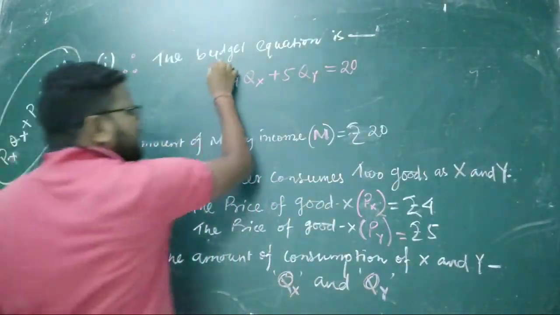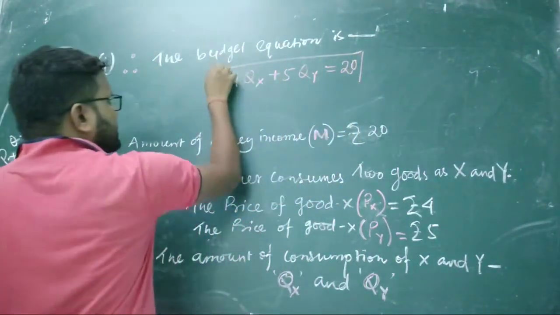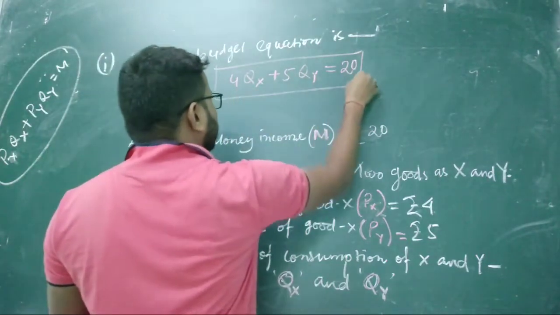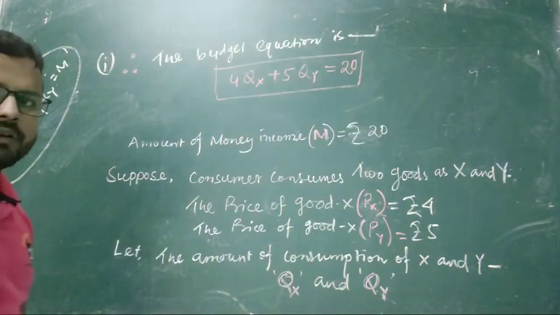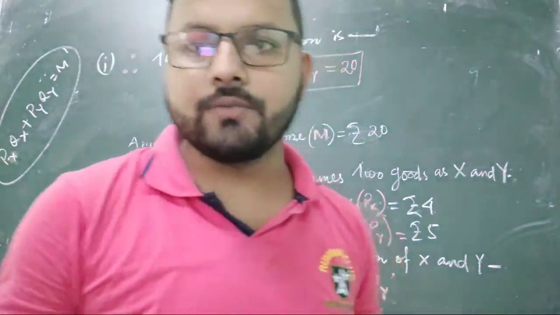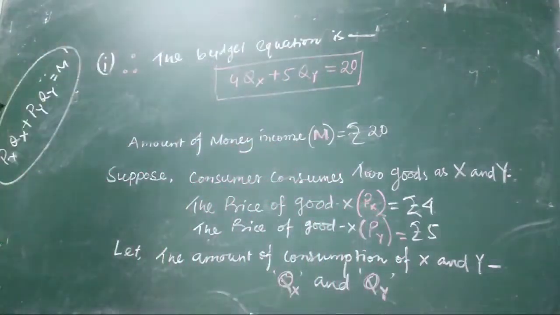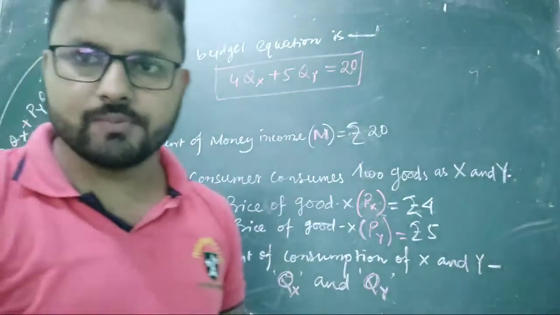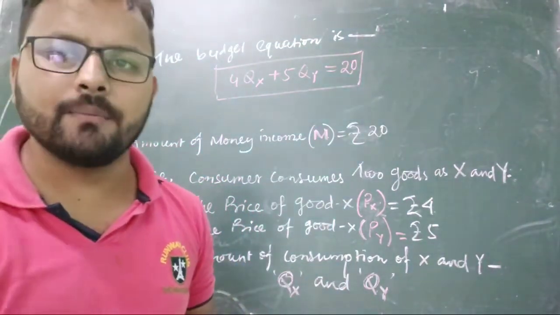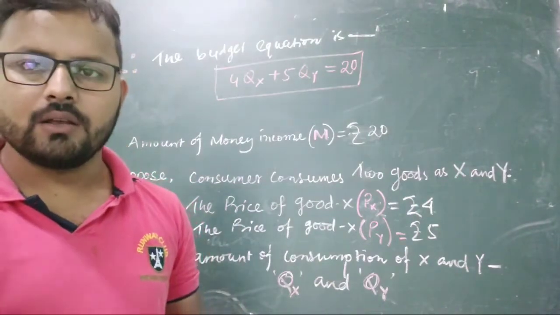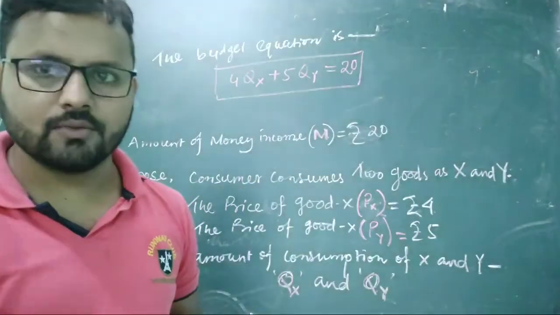So this is basically the budget equation. Following this budget equation, we can draw the budget line. We can calculate the quantity of X and the quantity of Y, that is, if the consumer's entire income is spent on commodity Y and commodity X, what will be the amount?